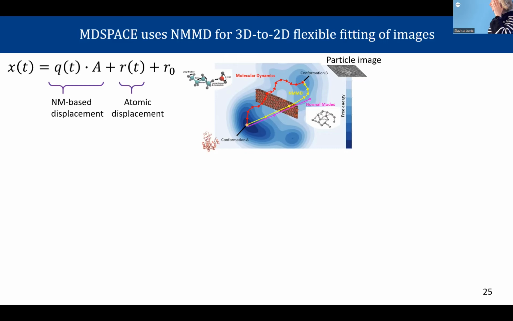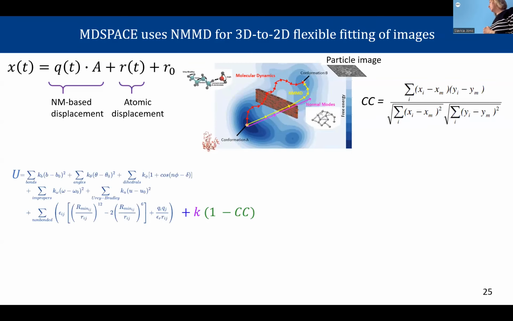The combination of MD simulation and normal modes will allow us to go faster, and plus, because we are using this coarse grain model, probably we can run shorter simulations. And for this, we use the correlation coefficient. So we are comparing the particle image with the simulated image of the conformation that is continuously changing along the way.